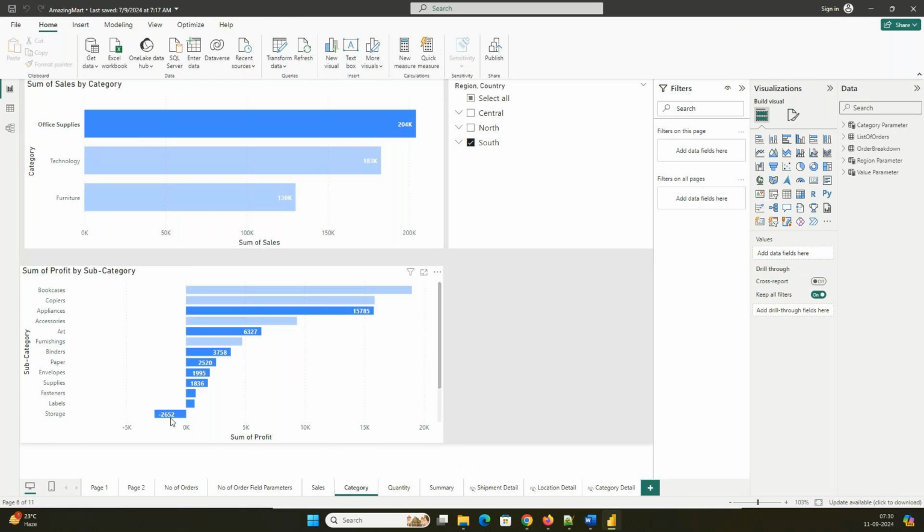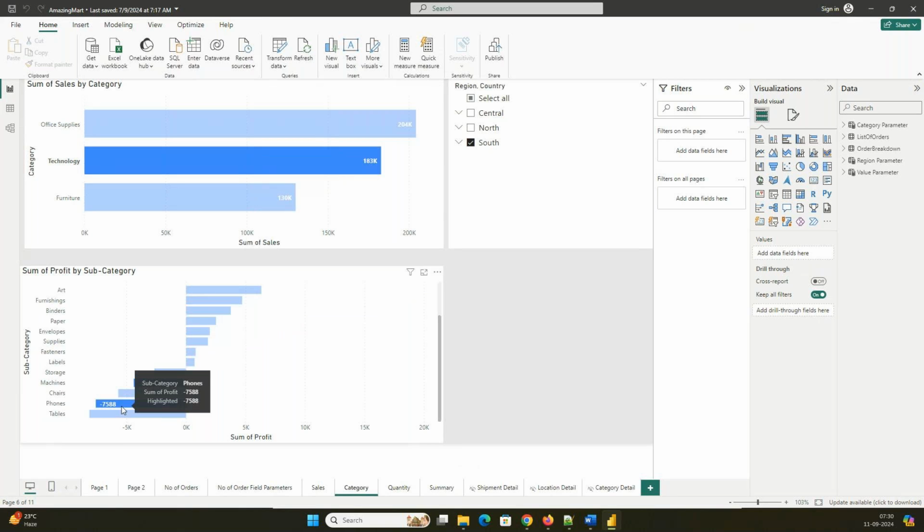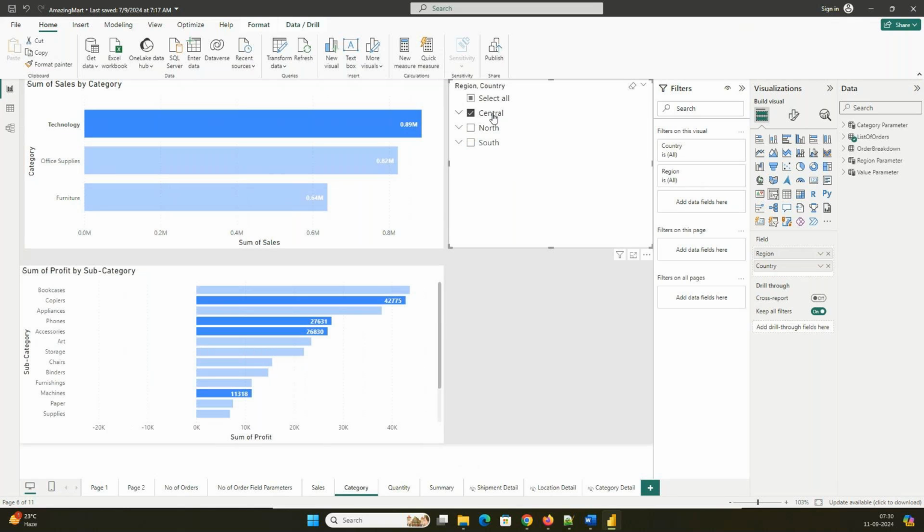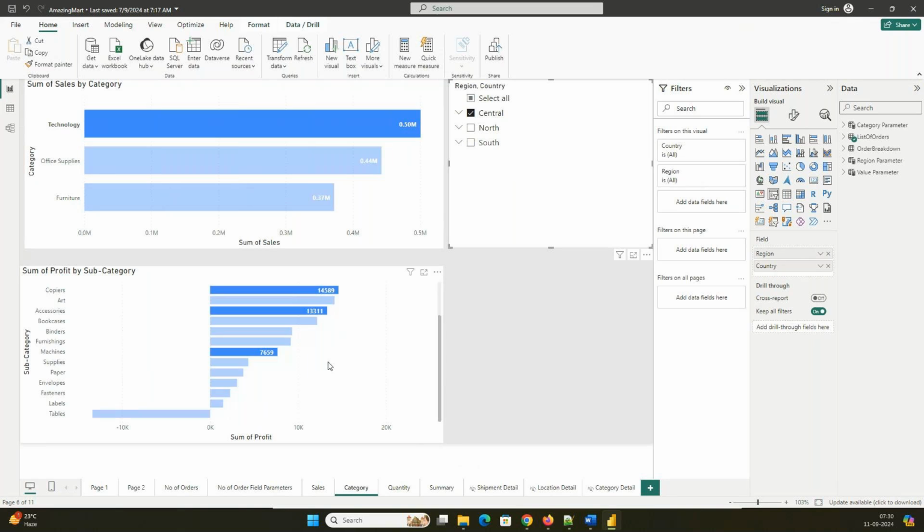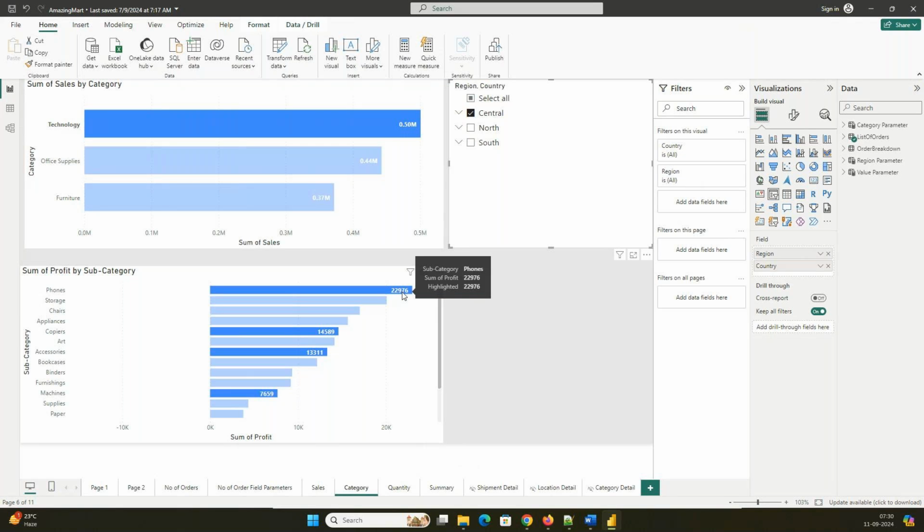We are making a loss in storage related products, but a good, decent profit of 15,000 under appliances. Similarly in technology, obviously copiers and phones. In the South region, we are making a loss in phones, and if you go to the central region, phones is the highest profit making product for us.